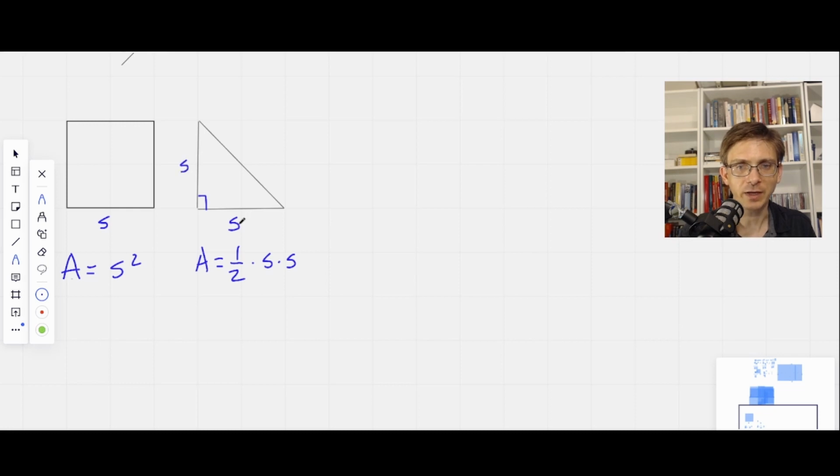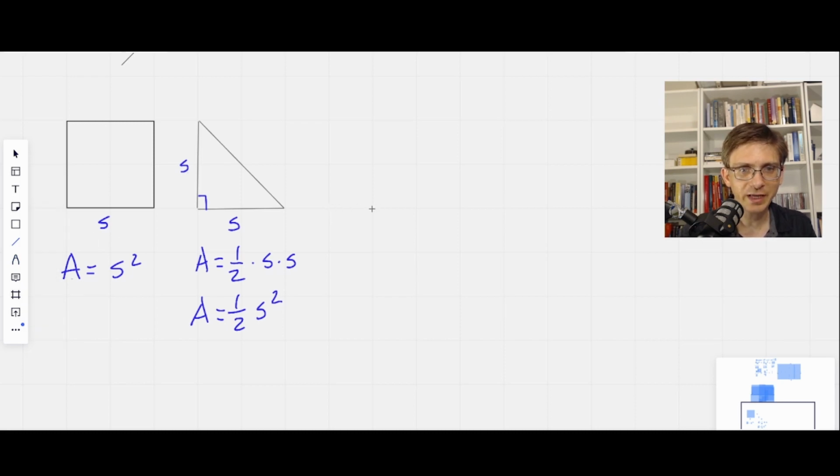And the height and the base are the same because it's an isosceles triangle. So this tells us that the area of a right triangle with the leg on the base is 1/2 S squared. We could have an isosceles right triangle with the base being the hypotenuse.